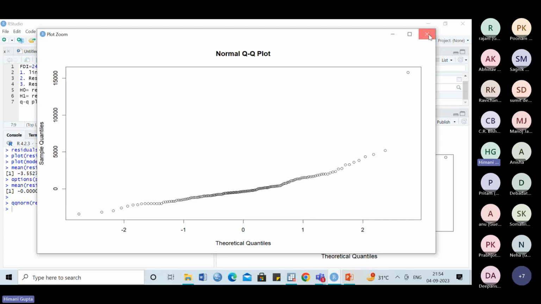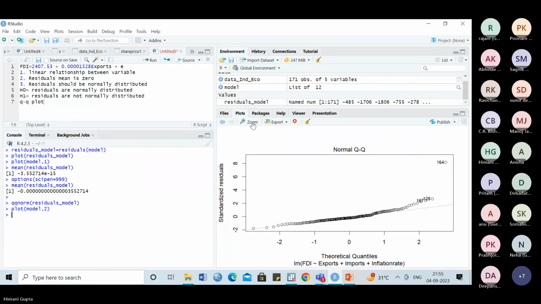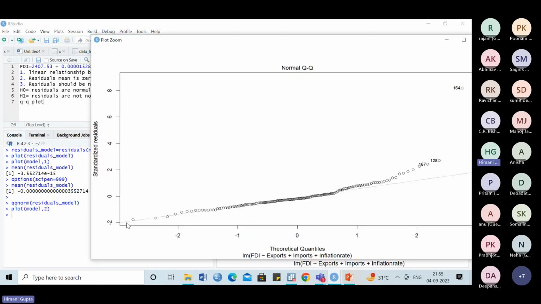Now let's see how to make a straight line and then check whether your residuals are normally distributed or not. Plot model, comma 2. Now see over here, your line is there. Are you able to see this dotted line? All the points till here are on the dotted line, but above that they move upward.